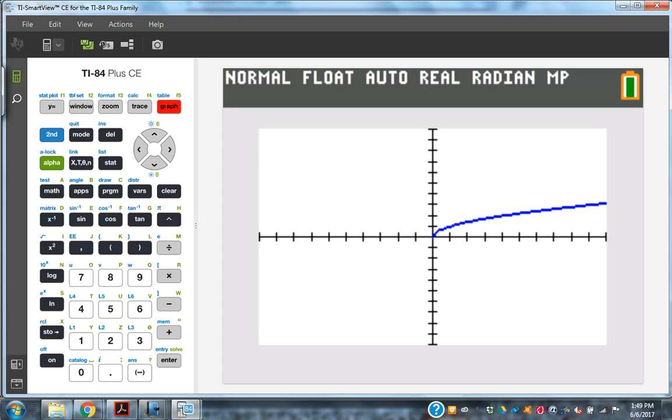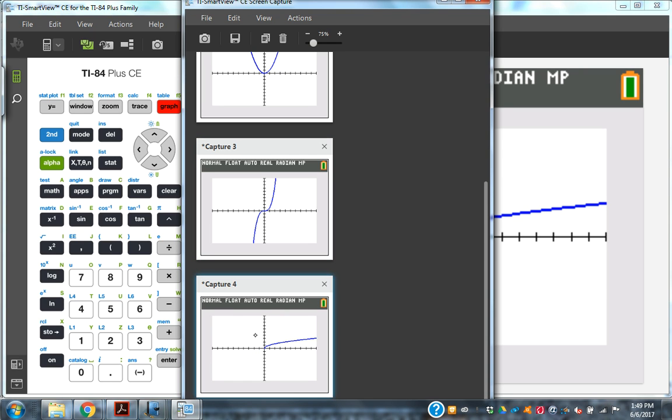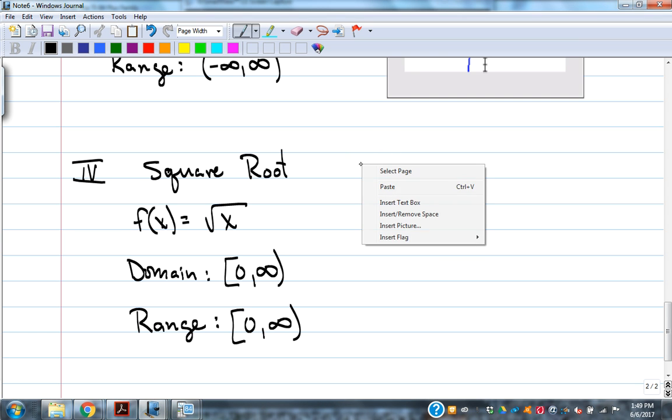And there's that graph. What it really does is take one side of the squaring function and lay it on its side. That is absolutely what the square root function does. It reflects it across the y equals x line, but that's a whole thing we'll get into later. So picture that.